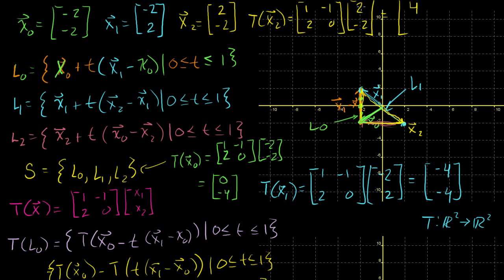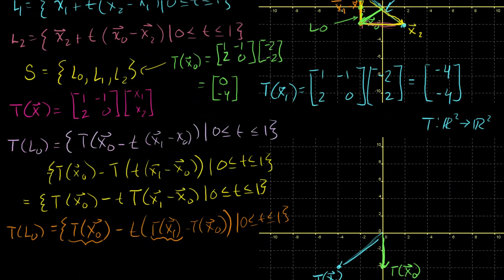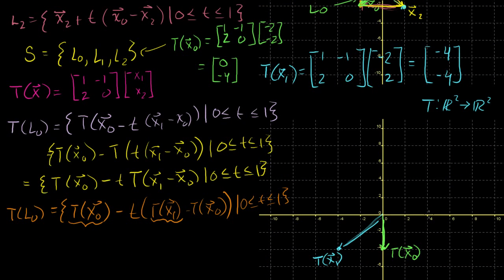And then 2 times 2 is 4, plus 0 times minus 2. So it's 4, 4. So the transformation of x2 is this point right here, 4, 4, that vector right there.